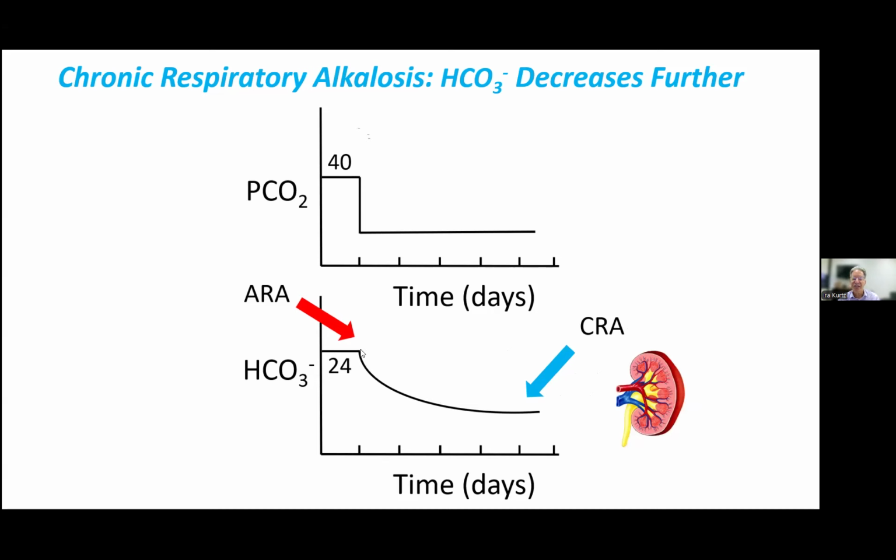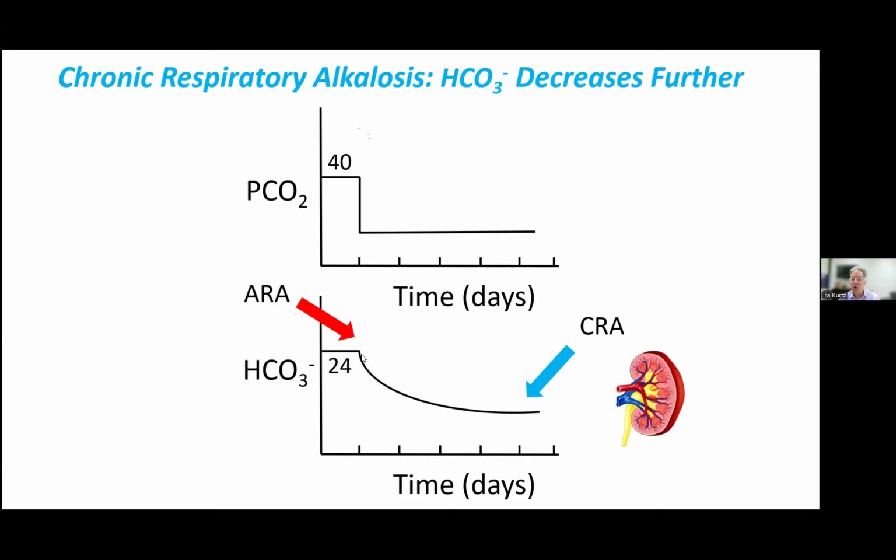Now, we don't have a name for everything in between here, even though we could. We could call it subacute, but since it's a continuum, that would be too difficult clinically. We just have this initial event, which does not require an organ, just the bicarbonate buffer system shifting equilibrium, versus the final level that we achieve that we call chronic respiratory alkalosis.